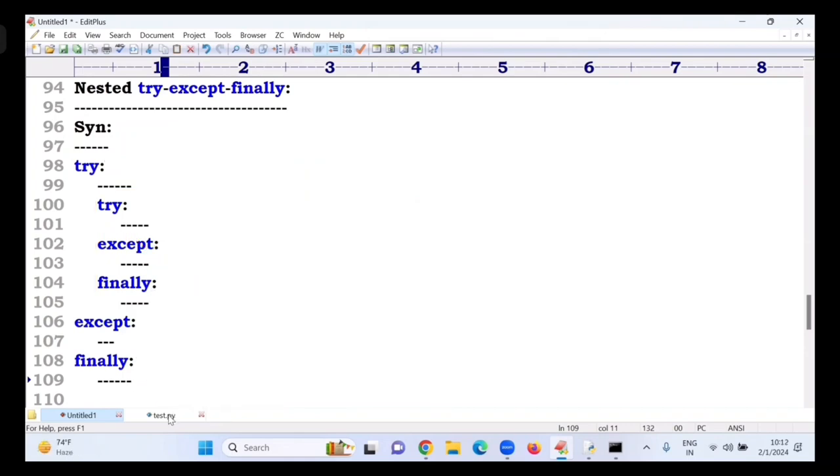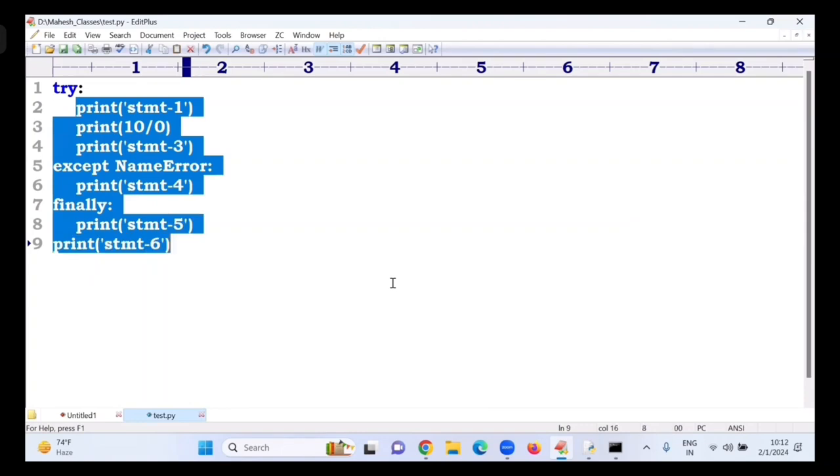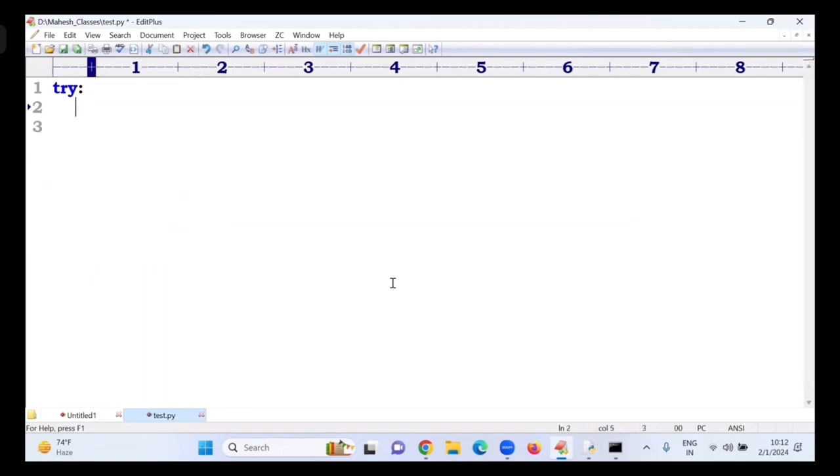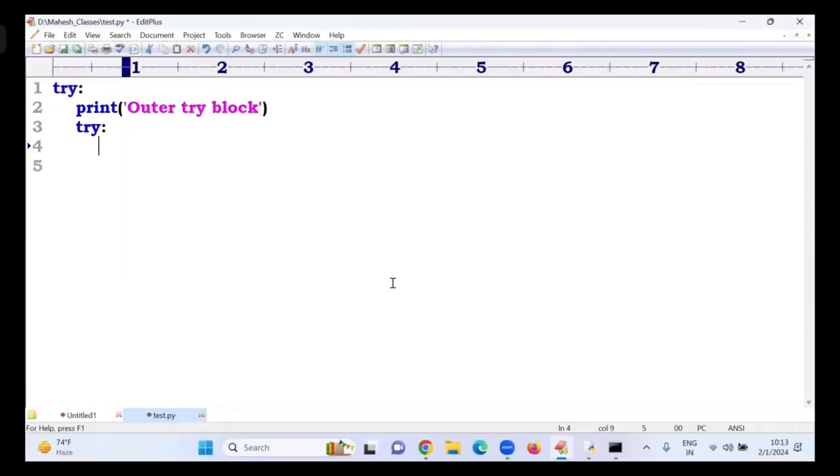See one example. Print outer try block. This is the inner try block.